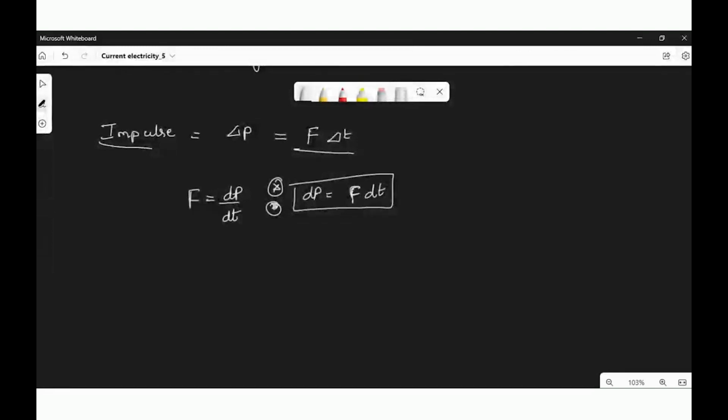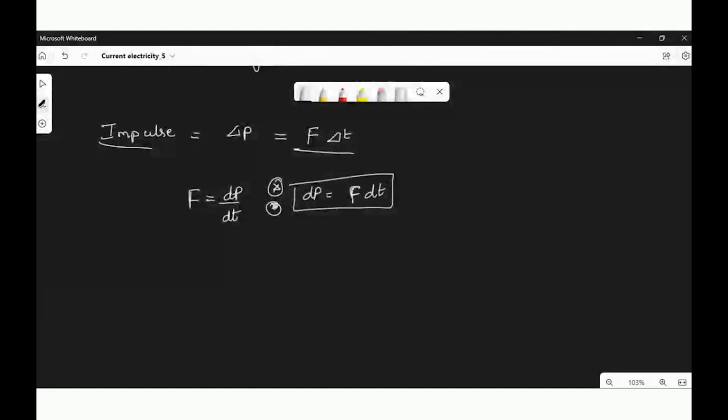In all these situations, the time durations are very difficult to measure. In such cases, instead of talking about time intervals, we talk in terms of change in momentum of the body, because change in momentum is a measurable quantity. I can say at what velocity the ball has been hit, and I can find the velocity just after the collision, or use v is equal to u plus at to get the earlier velocity.